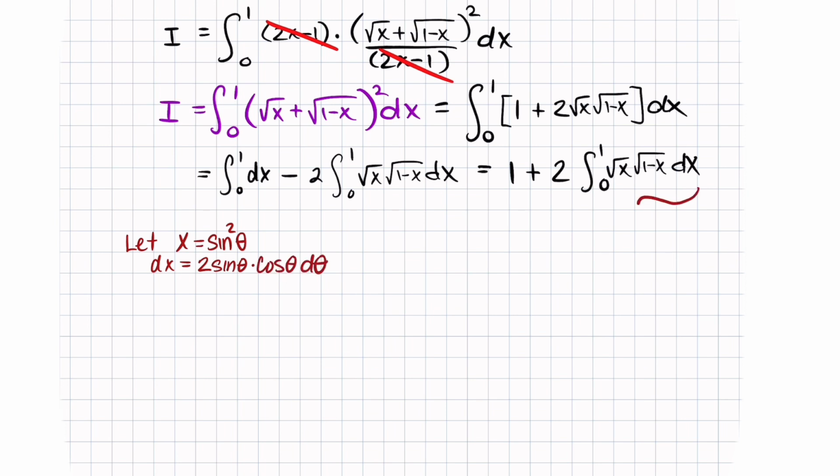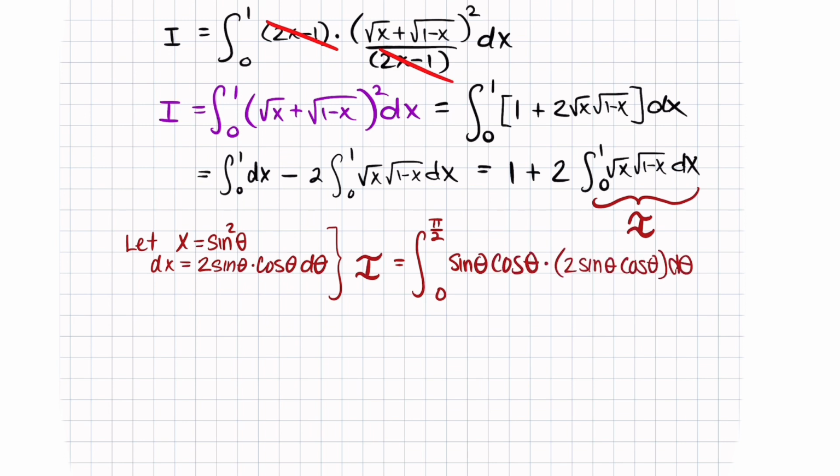Here we'll use x equals sine squared theta. We'll call that integral curly I. Curly I is the integral now from 0 to, it'll become pi over 2 is the new limit of integration. And the two radicals will cancel to sine and cosine now, and dx will become 2 sine theta cosine theta, and so we see a pattern here.